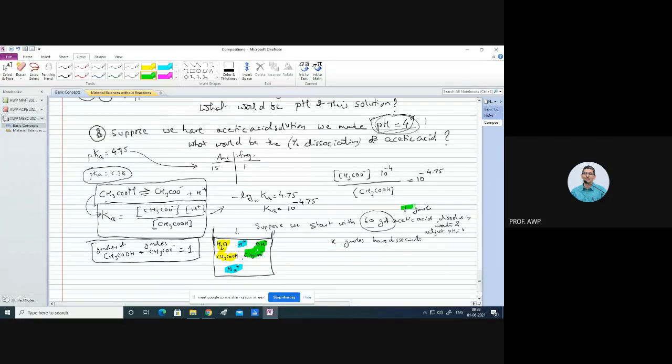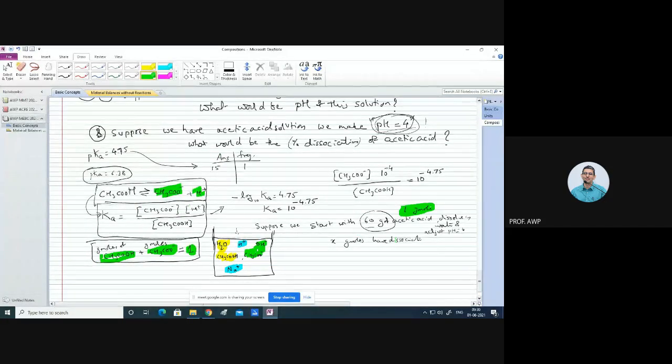But because I have taken 1 gram mole initially, the moles of undissociated acetic acid plus moles of the acetate ion that have formed must be equal to 1. It has to dissociate into acetate ion and H plus ions.